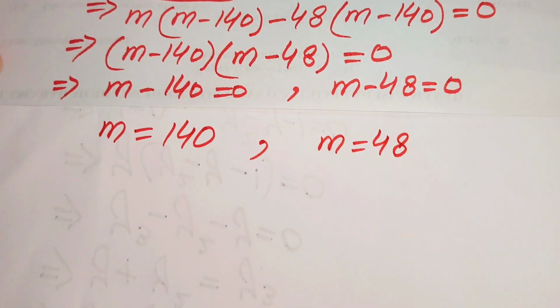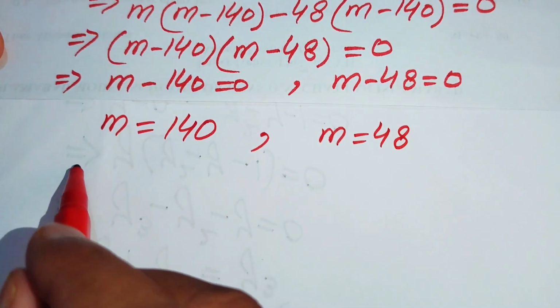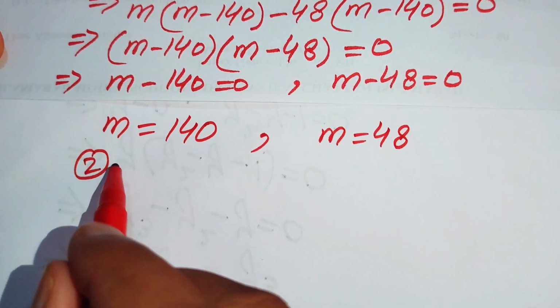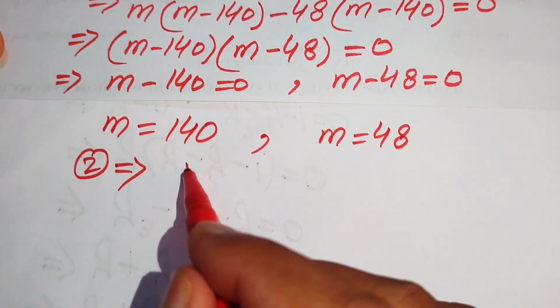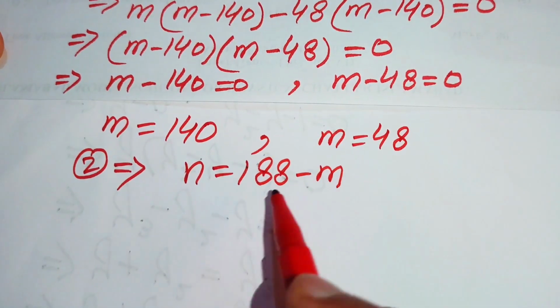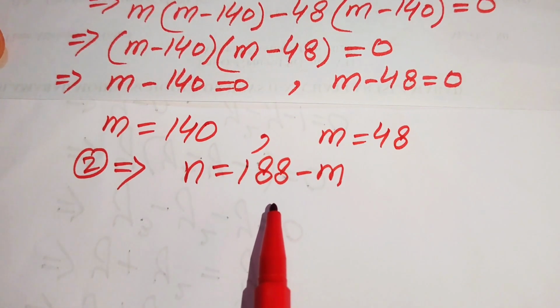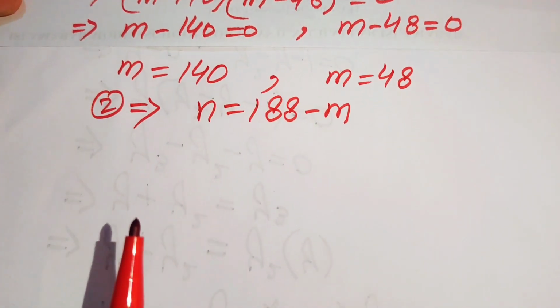So these are the two values of m, and now we copy down equation number 2, which implies that n is equal to 188 minus m. We substitute these two values of m here, and we easily get the value of n.